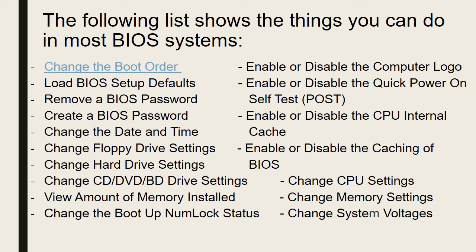the amount of memory installed, change the boot sector virus protection status, enable or disable the computer logo, enable or disable the quick power on self test or pause, enable or disable the CPU internal cache, then enable or disable the caching of BIOS, change CPU settings, change memory settings, and change system voltages.